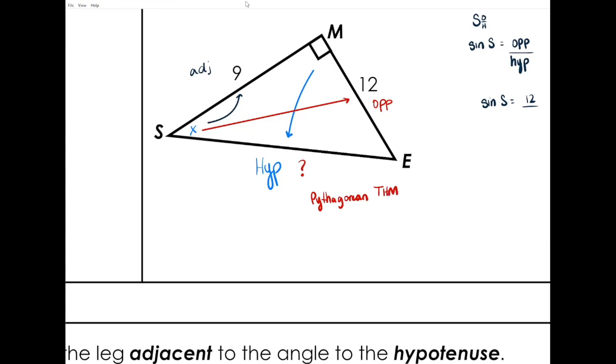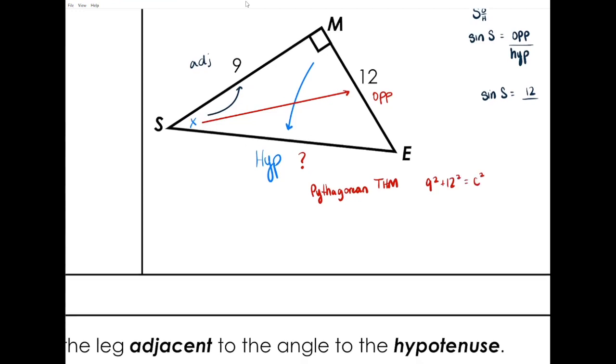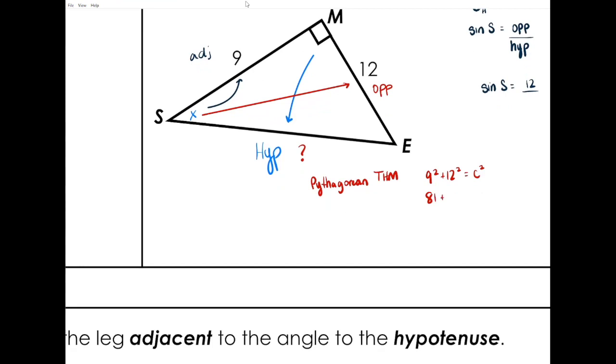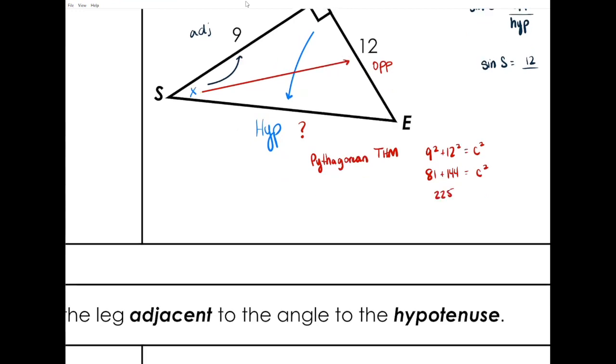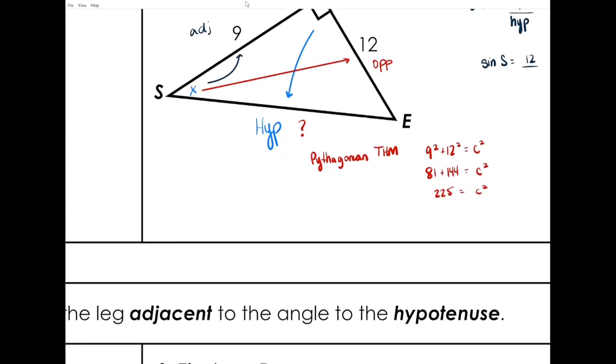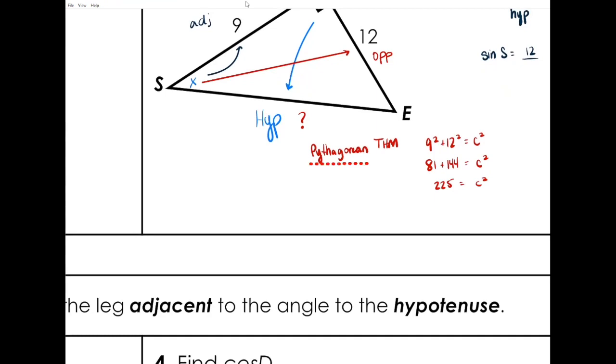Okay. So 9 squared plus 12 squared is c squared. 81 plus 144, 225 is c squared. And then we just square root both sides to get rid of that square.